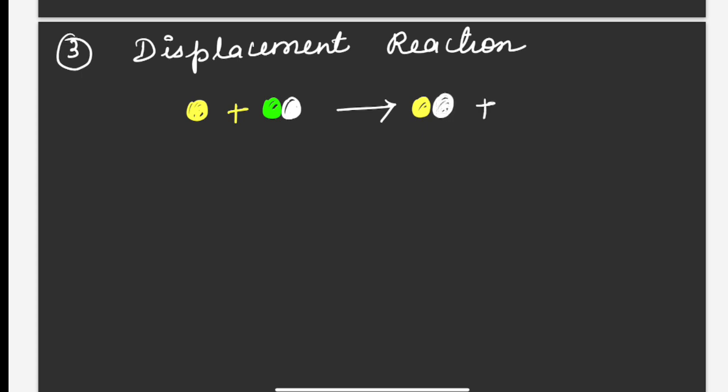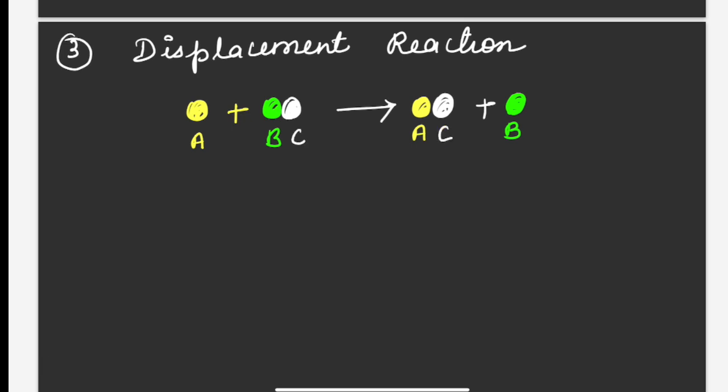This is the product you are going to get. Observe clearly what I have written: this is A, this is A, this is B, and this is C.